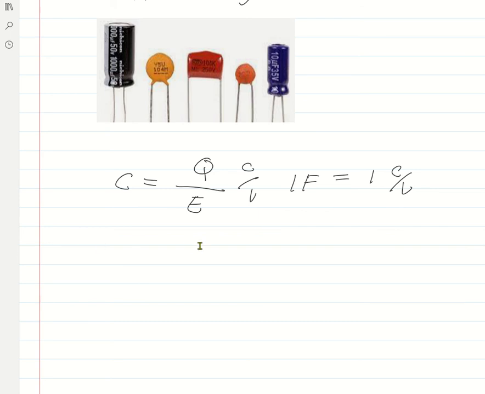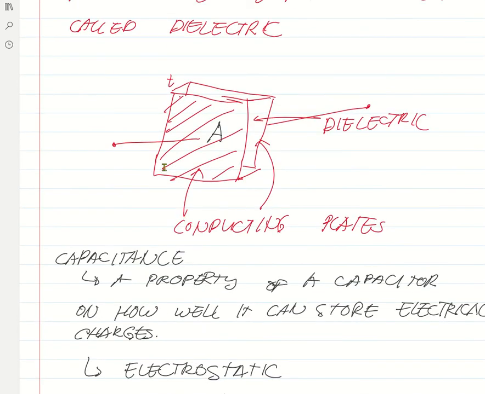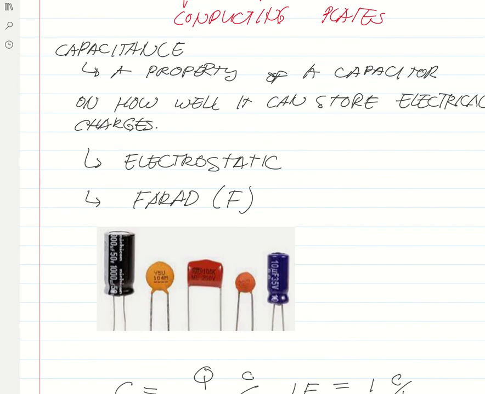Then, from this, we can also derive the capacitance of the capacitor given the cross-sectional area of the conducting plates, the thickness of the dielectric, and the type of dielectric used.